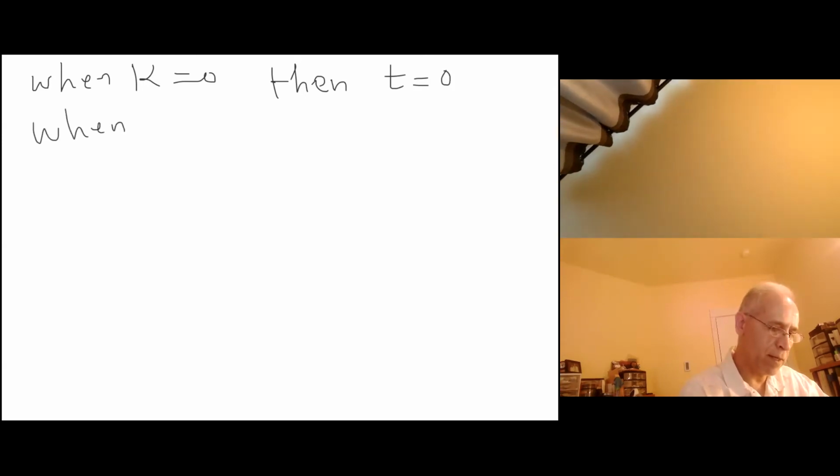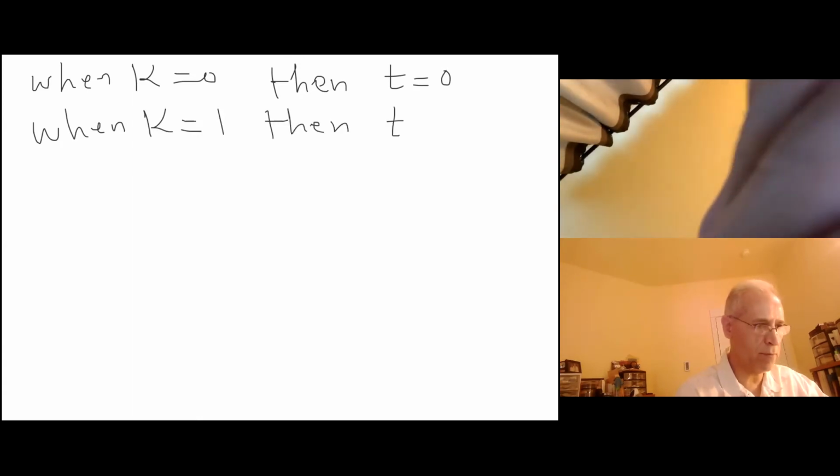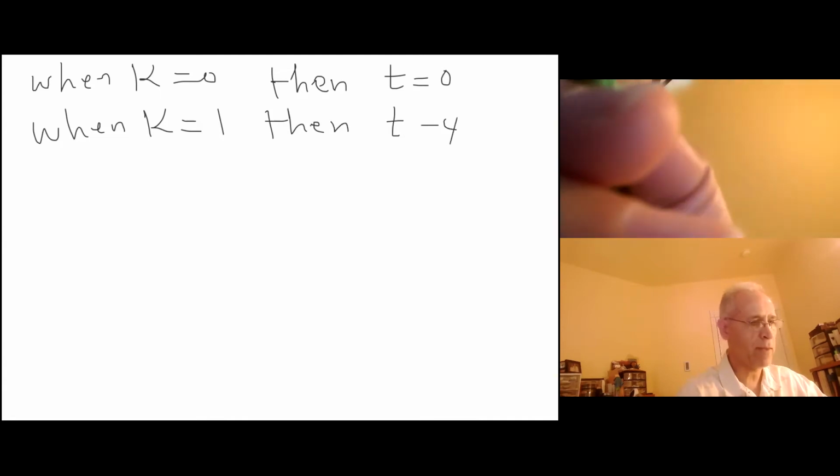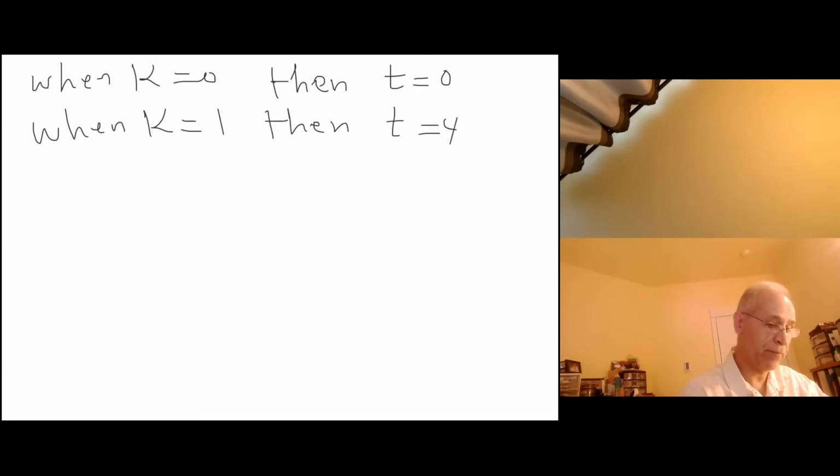When k equals 1, then t equals 4, because we had t equals 4k.